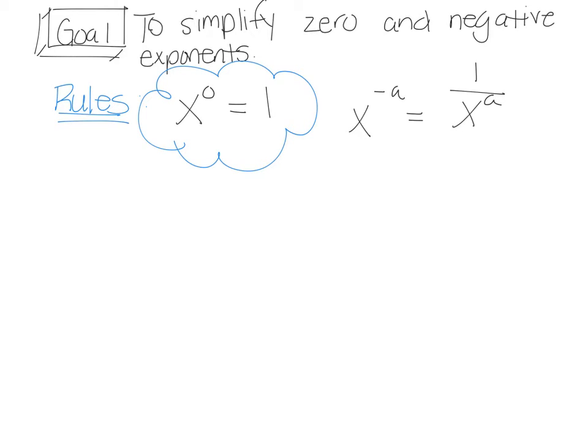The only difference is the negative is gone. Having a negative exponent does not make the actual number negative. It puts it in the denominator. So let's go ahead and try some.